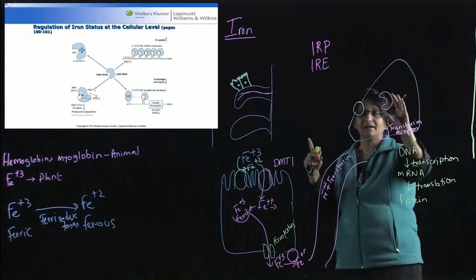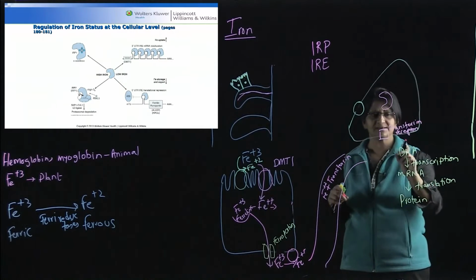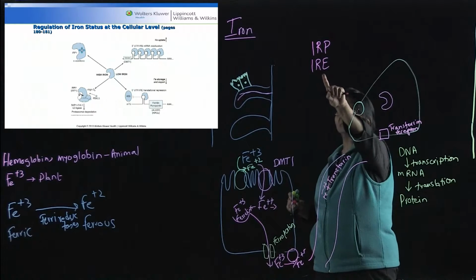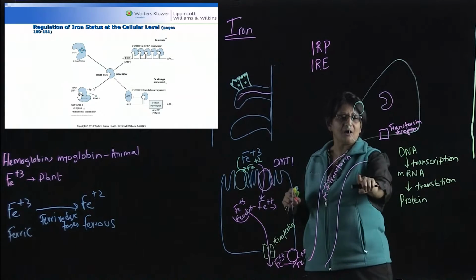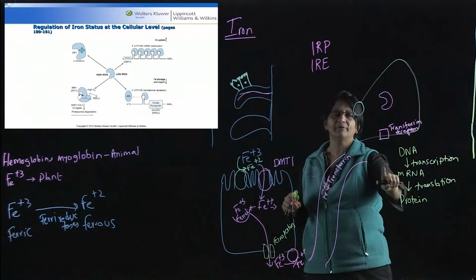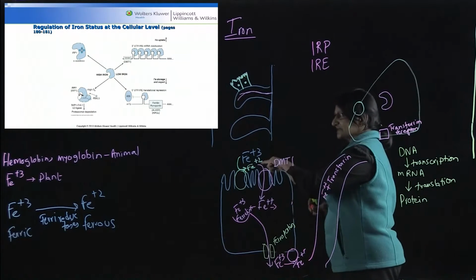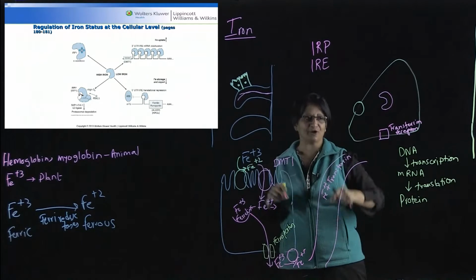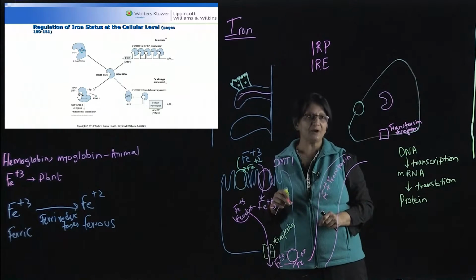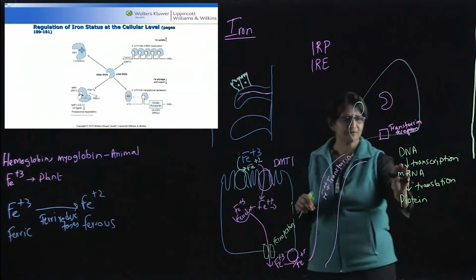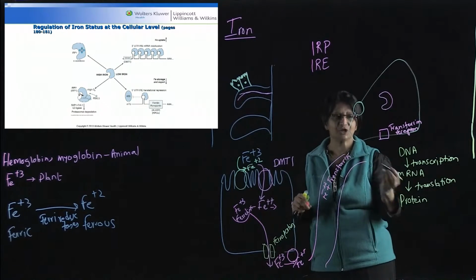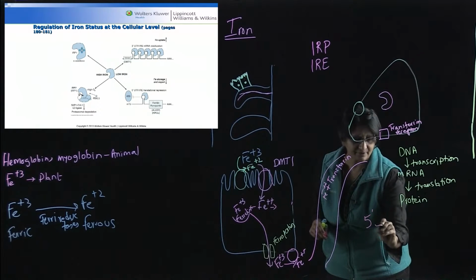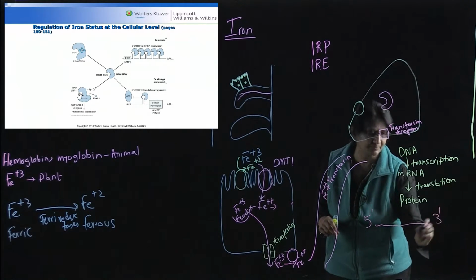So, they're free and available, and what they do then is go and bind to the iron response elements on the mRNA of either transferrin, or ferroportin, or one of the proteins. And how does this regulation actually happen? If you look at mRNA, the way in which we draw out an mRNA molecule is that it goes all the way from 5' to 3'.